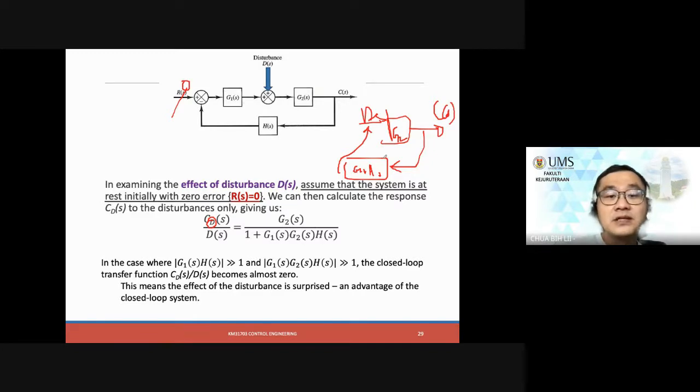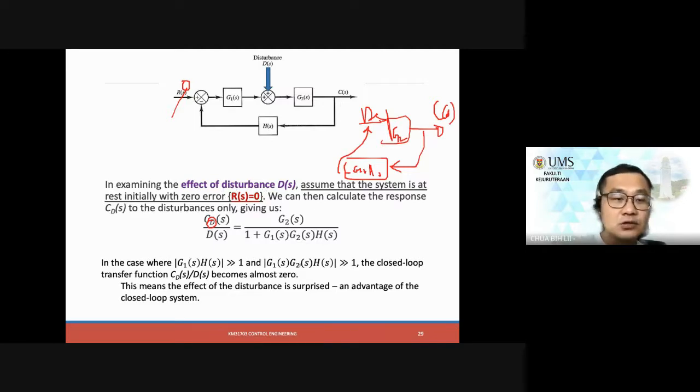So eventually we have minus over here. So when we total them up, we have 1 plus the upper multiplied by the lower, which is the G1 H. So we have G1, G2, and H, right? To form this kind of transfer function as the effect due to only the disturbance.